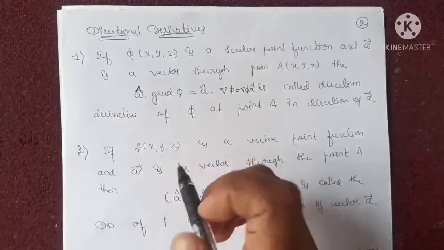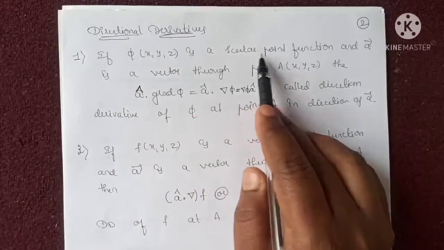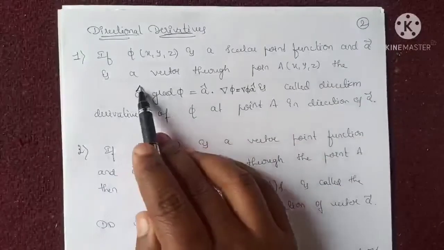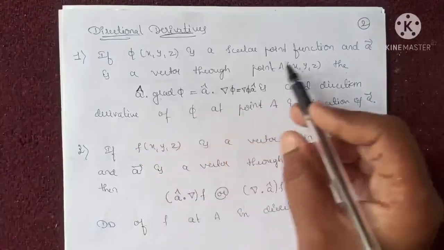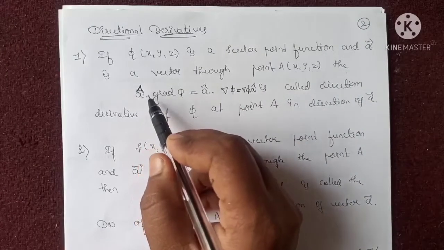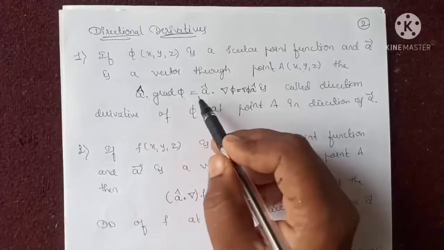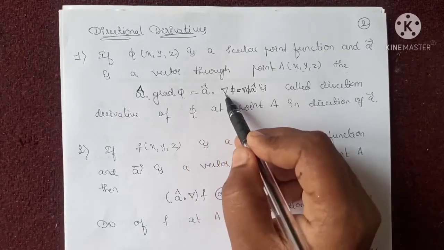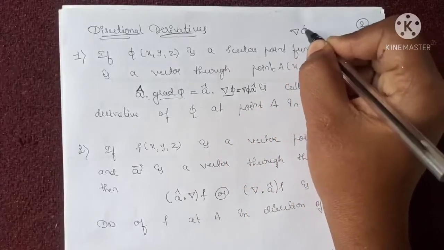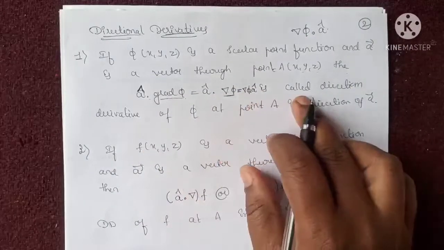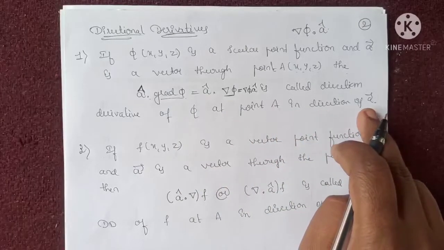Next, we have a very important definition, directional derivatives. If phi of x, y, z is a scalar point function and vector a is a vector through the point a of x, y, z, then the unit vector a cap dot gradient phi, that is a cap dot del phi, or del phi dot a cap, is called the directional derivative of phi at the point a in the direction of vector a.